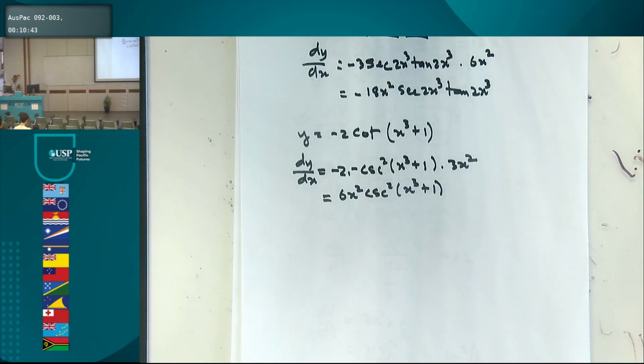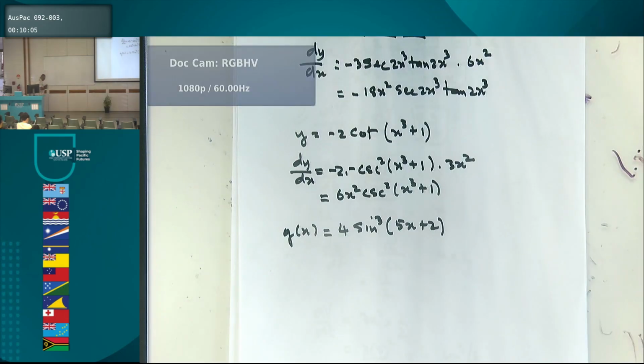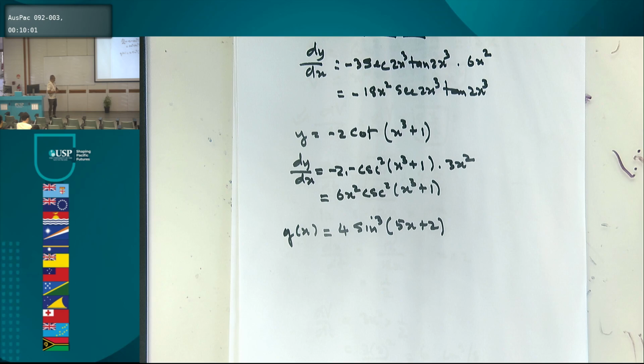All right. g of x equals 4 sine cubed 5x plus 2.